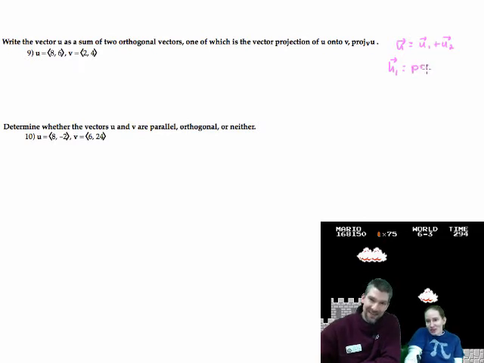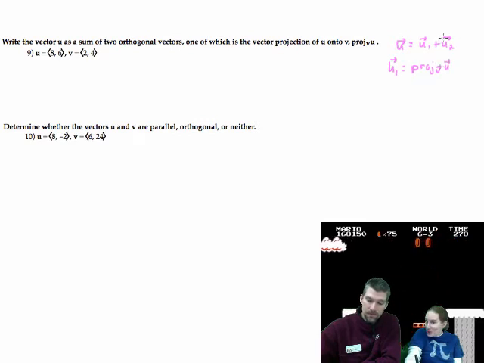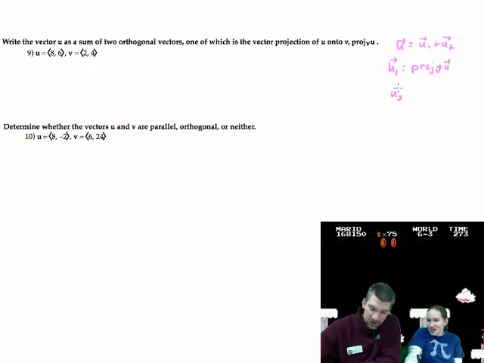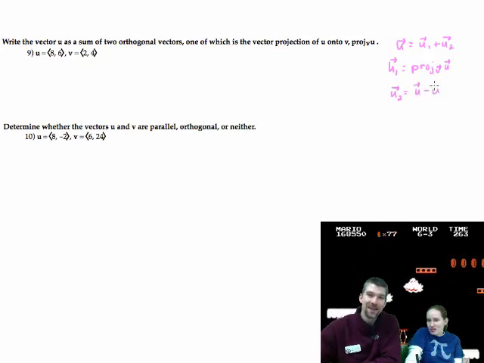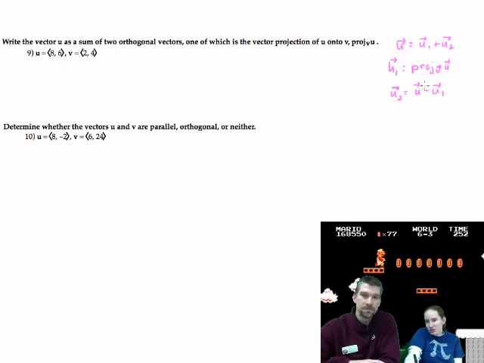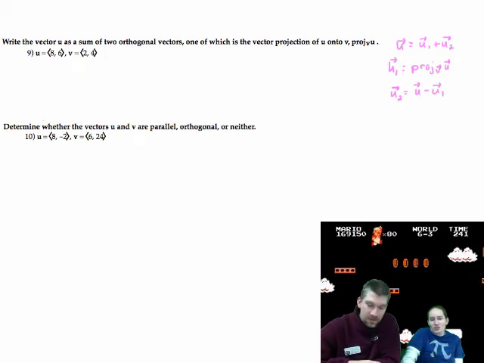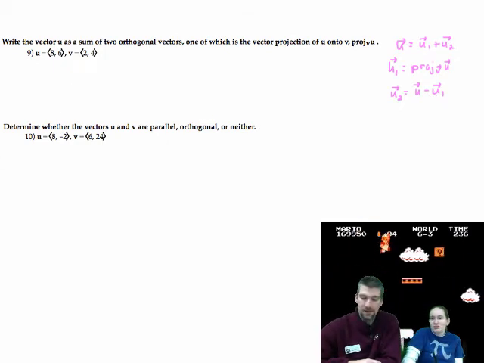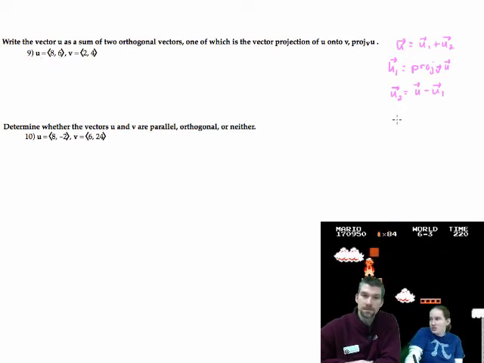And then the other one will end up being u minus u1. So we need to find two things: the projection of u onto v, and then we need to subtract. The projection of u onto v is a formula. Do you know the formula?